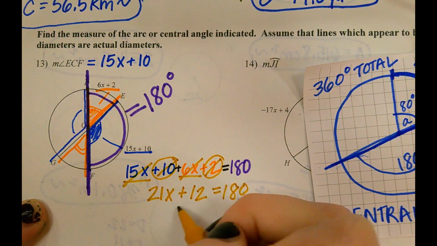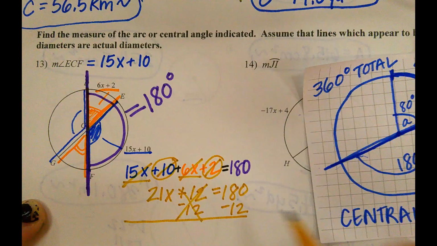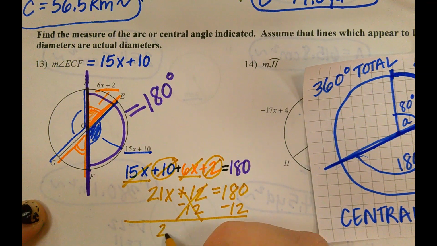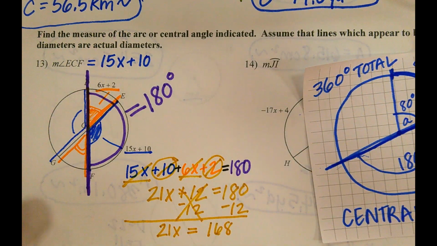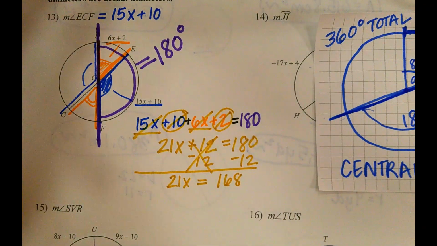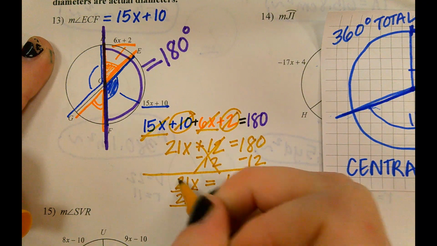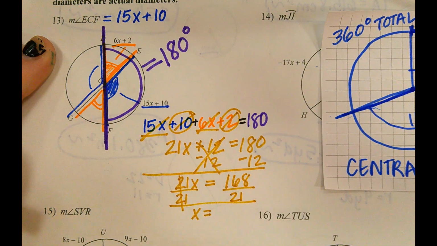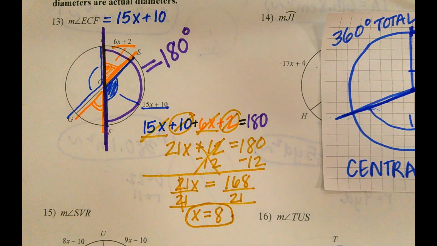Minus 12 from 180. Yes, minus 12 on both sides. We're subtracting from 180. I'll bring down 21x equals 168. And divide both by 21. Yes, divide by 21. And when we do that, we've now solved for x, and x equals 8. Wonderful. Okay, so we've got x. X equals 8.